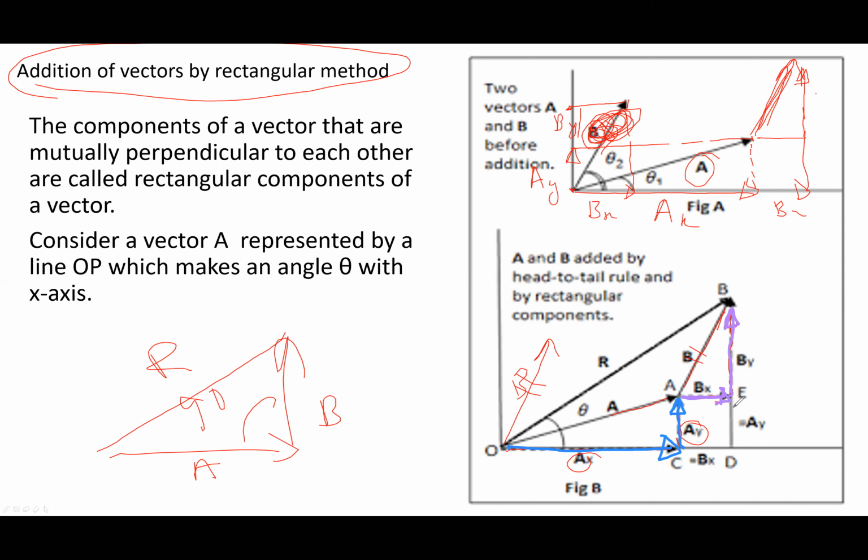So we can find the resultant vector like this. This is vector A, the horizontal component of vector A, and we take a parallel line to this vector, vector B. This line is AX plus BX, and this whole line represents the horizontal component of the resultant vector.